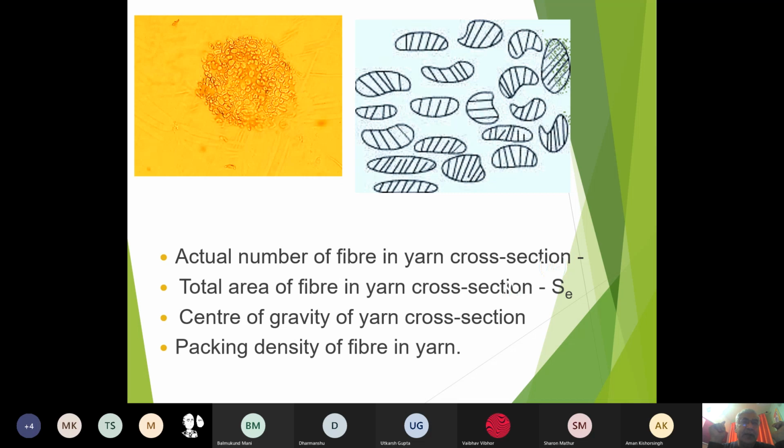So there is a need to develop a model which can address all the variables deciding yarn diameter.